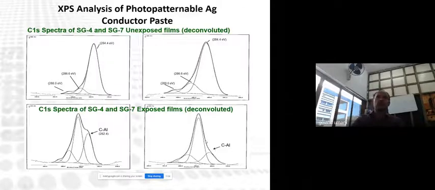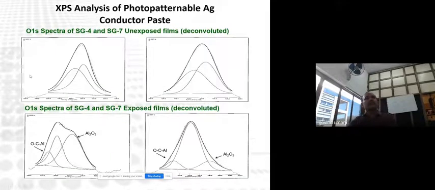there is one more bonding observed, that is C-Al bonding at 284, which is dominant in the case of SG4, obviously, because it contained more organic content as compared to SG7. But the classic 282.4 peak, the binding with the alumina substrate, is clearly shown.